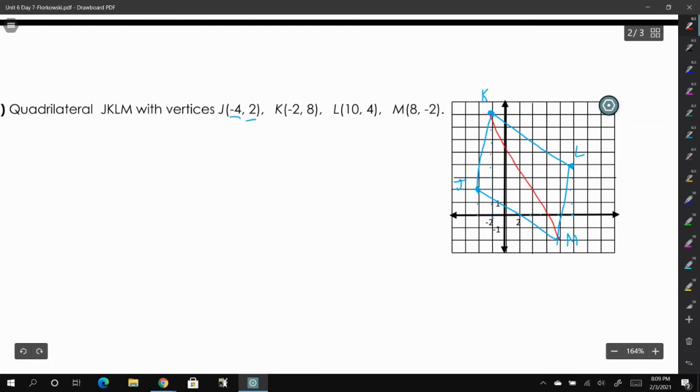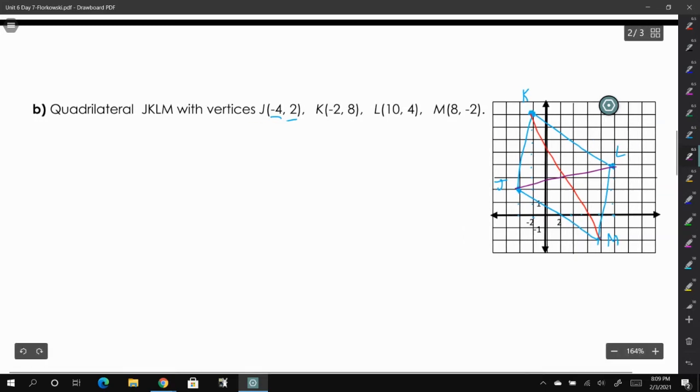So KM is one diagonal and JL is the other diagonal. So we're going to find the slope, distance, and midpoint of those diagonals and compare them. So the slope of KM, and we can write x1, y1, x2, y2 to help us out.